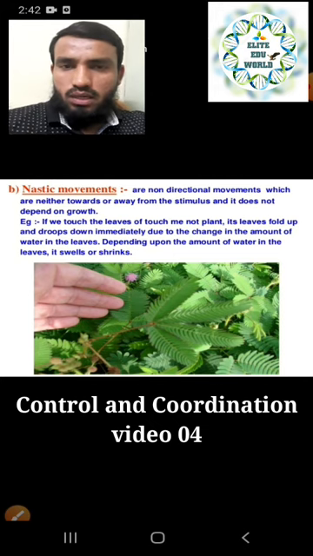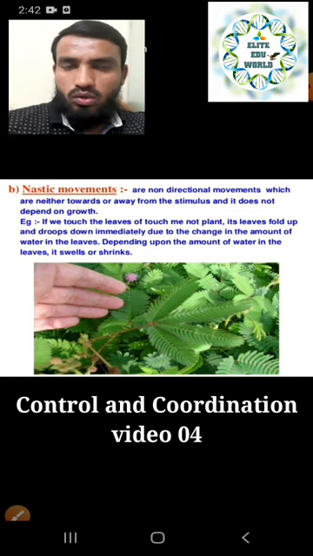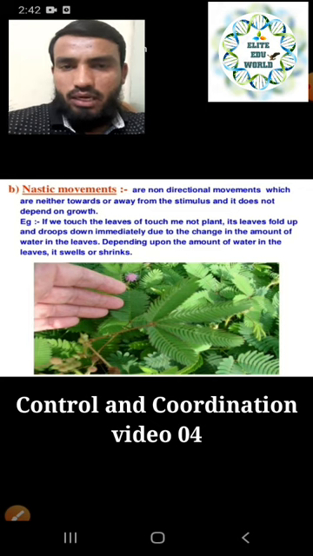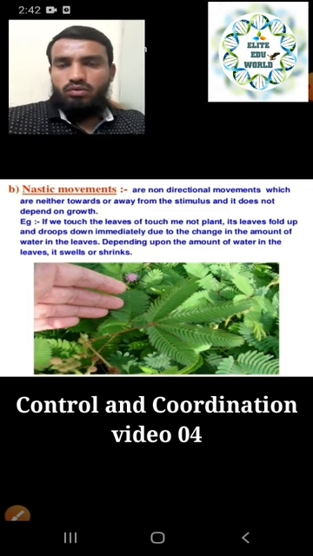That is because of the movement of water, depending upon the amount of water in the leaves, they swell or shrink. Because of this swelling and shrinking, the opening and closing of the leaves happens, and that is the nastic movement. If you touch the leaves of the touch-me-not plant, the leaves fold up and drop down immediately due to the change in the amount of water.